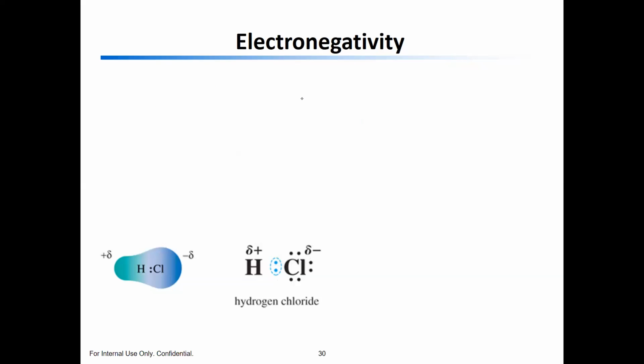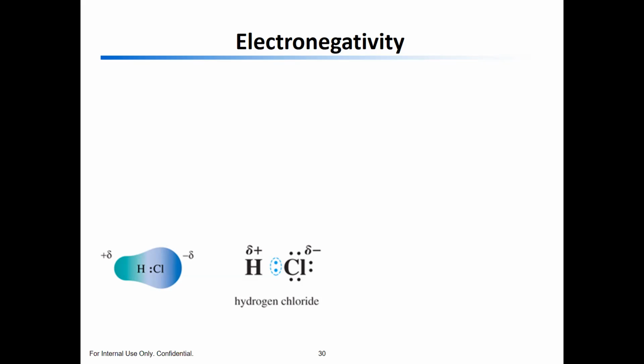Now, getting back to our other situation, maybe this is one atom, this is another atom. Remember chlorine? How many electrons does chlorine want to get? How many electrons does chlorine need to be a noble gas? It needs one more. So it really wants that electron. But it's not strong enough to take it away from hydrogen. It's not strong enough to take it completely away.